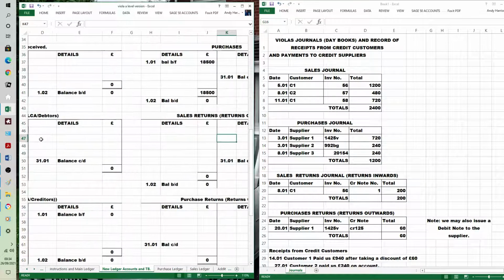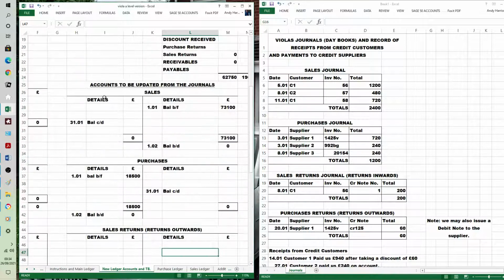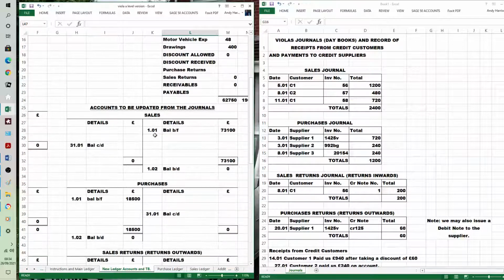But the sales account is still a credit, so we effectively add it to our cash sales, just increasing the number of sales.